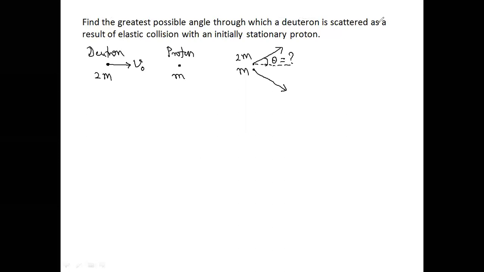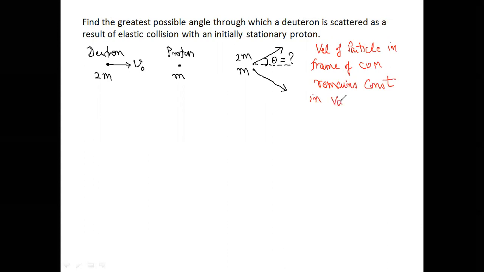For this question, we will use a concept which we have already discussed in a separate video: in case of elastic collision, the velocity of particles in the frame of center of mass remains constant in magnitude.